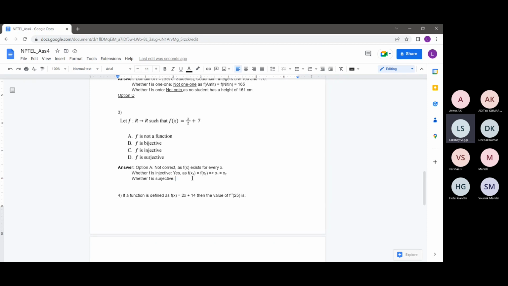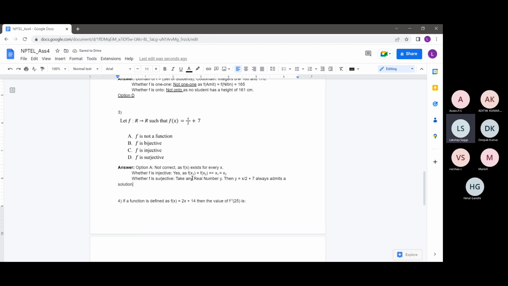So for proving surjectivity, let's take any real number y. Then y equals x by 2 plus 7 always admits a solution.